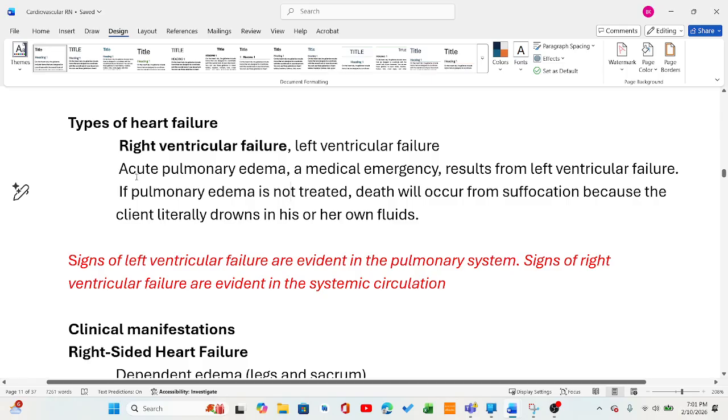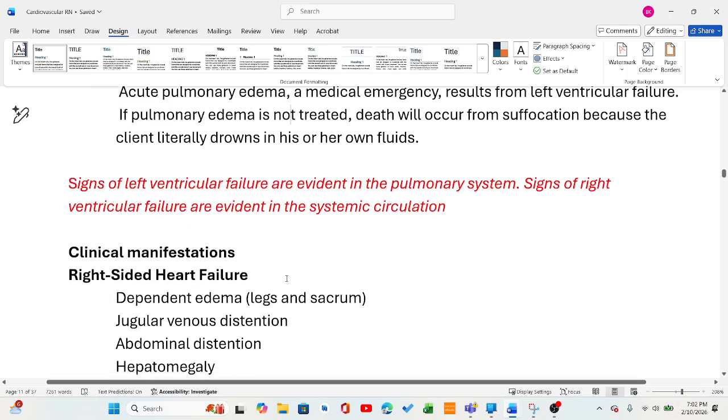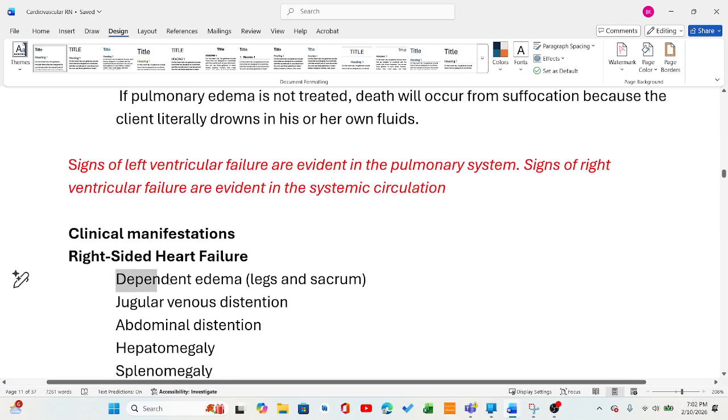So you will be having what we call this with the right side of the heart. Always remember, you'll be having systemic, yes, you'll be having dependent edema. So always remember that. The legs will be swollen, then blood coming from the head should be in the vein. So think about the venous problem. So we have jugular vein distension.